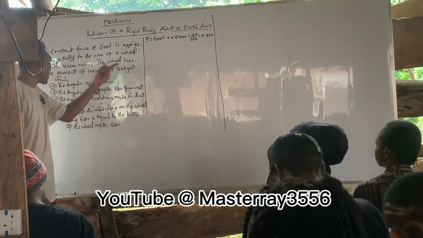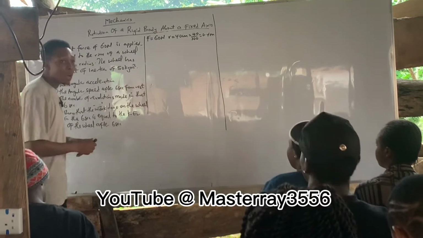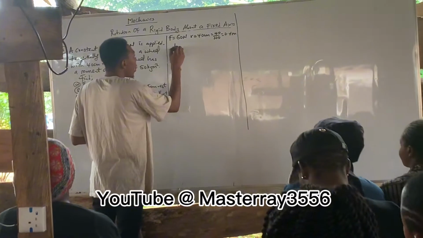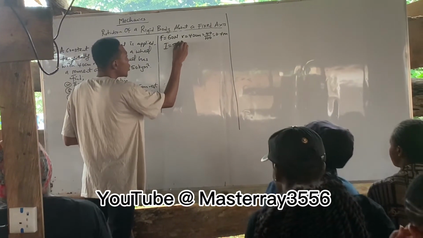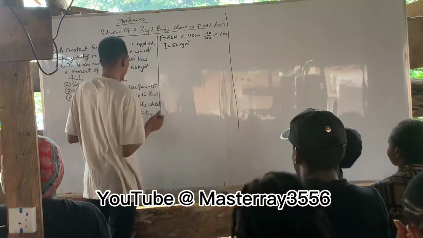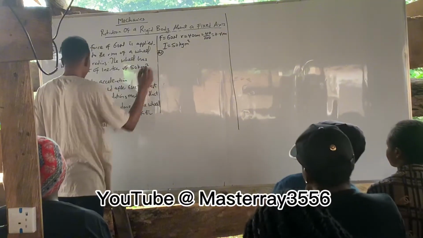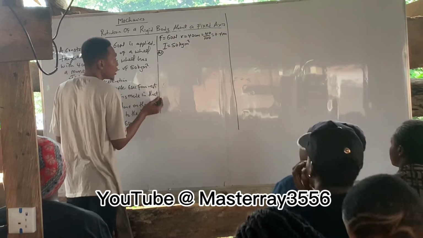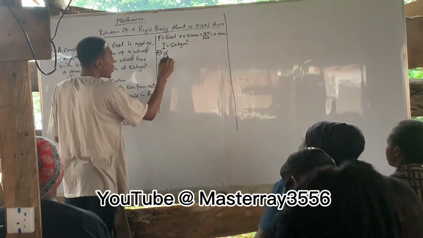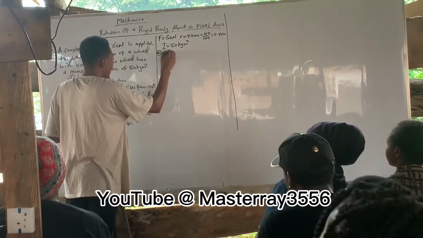And we are told that the wheel has a moment of inertia. That's our I, 50 kilogram meter square. Now we are asked to find A, the angular acceleration. That's alpha.